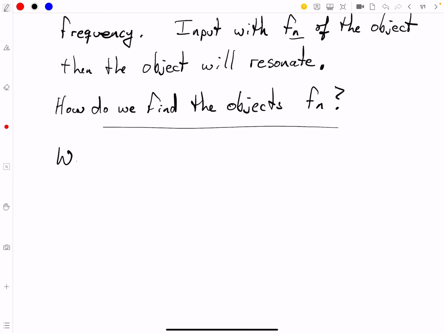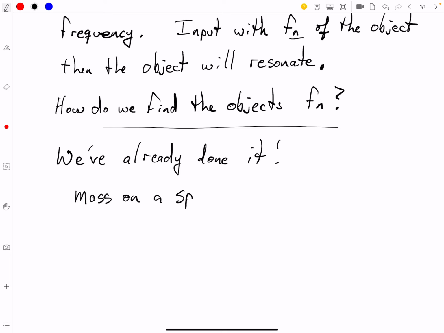All right, so we have already done it. Yay, we've already done it. How did we do it? Well, first we had a mass on a spring, and we went through all of the algebra and analysis, and we found the frequency for a spring is f = 1/(2π) times the square root of k over m.